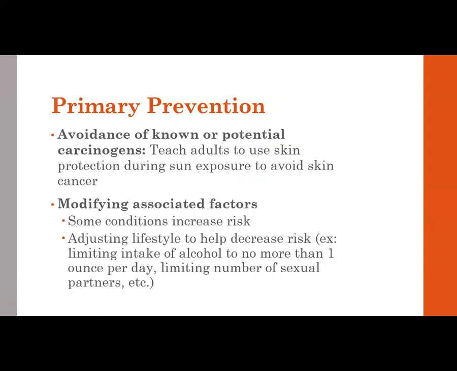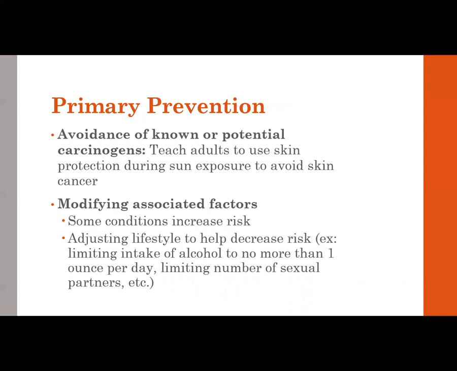So we've got different types of primary prevention. With this, we've got avoidance of known or potential carcinogens. So you want to teach adults to use skin protection during sun exposure to avoid skin cancer. Even if the sun is blocked by clouds, you still want to make sure that they're using some sort of skin protectant.